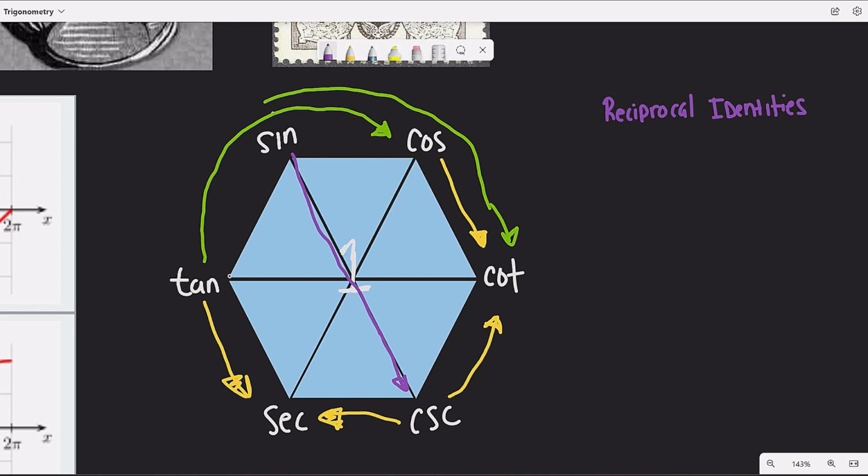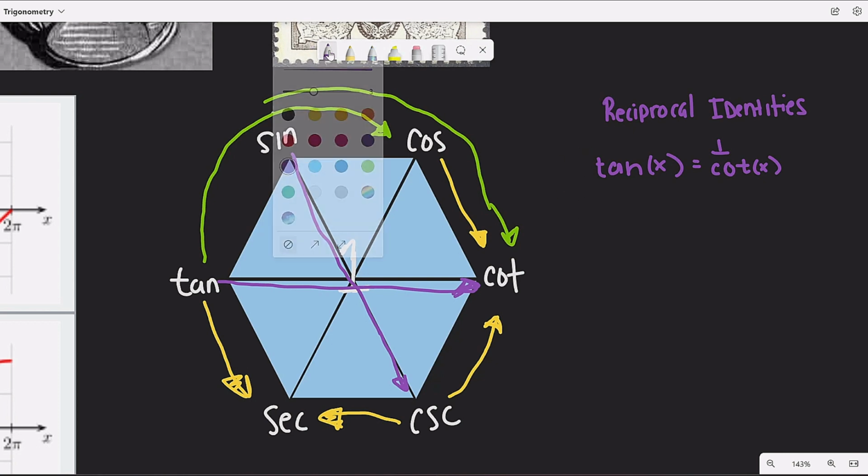And so if we wanted to find the reciprocal of tangent of x, we know that it equals 1 over cotangent of x. So easy, so simple. Just because of this diagram, we will be able to know all our identities. I love it.